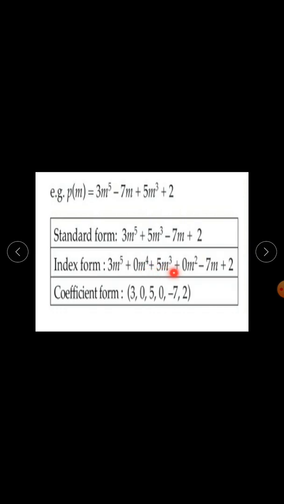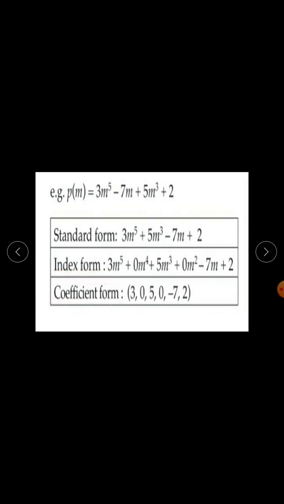In index form, you have to write the missing terms. So 3m raised to power 5 plus 0m raised to power 4 plus 5m cube plus 0m square minus 7m plus 2 is called the index form of the polynomial.